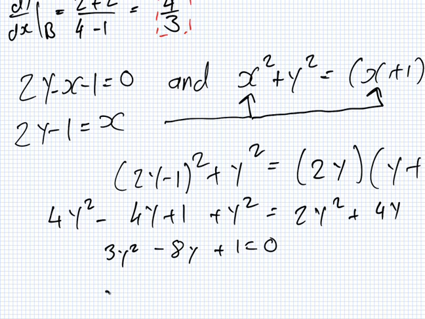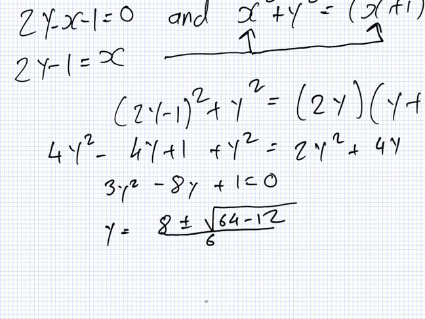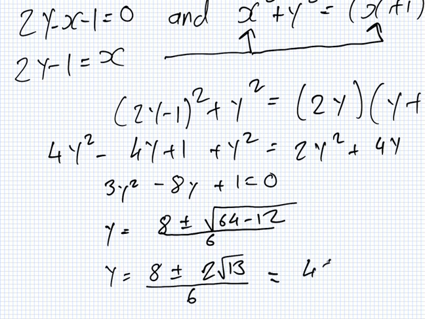Okay, so we get y equals minus b plus or minus the square root of b squared minus 4ac, all over 2a. The piece in the square root is 2 root 13, 4 times 13. Divide everything by 2. y equals 4 plus or minus root 13 over 3.